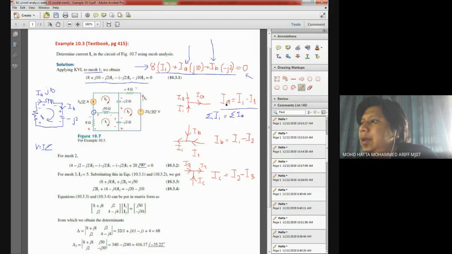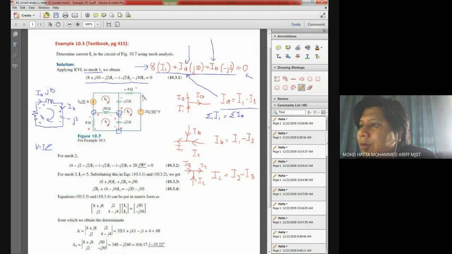We solve IA and put IA in that equation. And later on for IB, I know that IB is not I1 because IB is current over here. And for the current over here, I can either use this connection or this point.